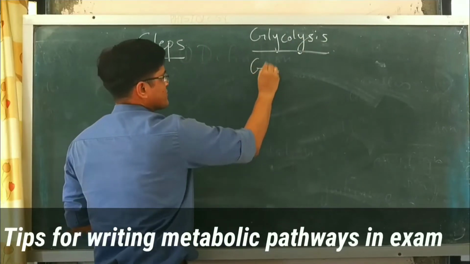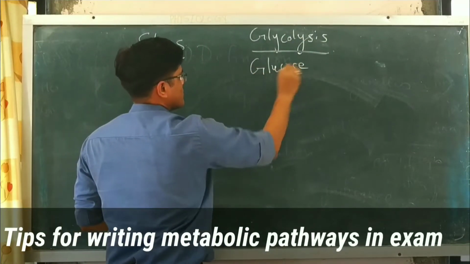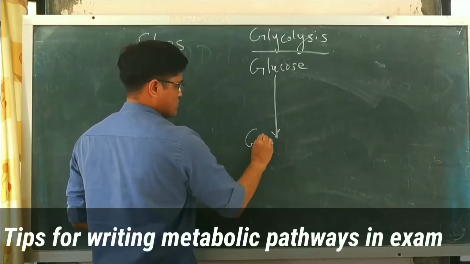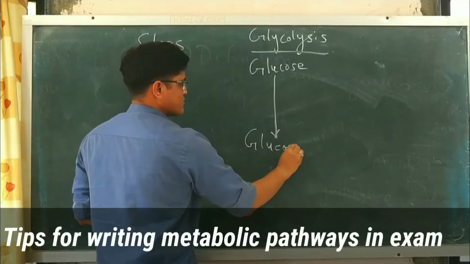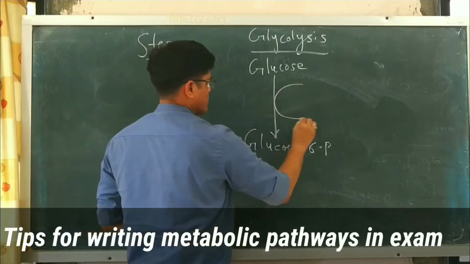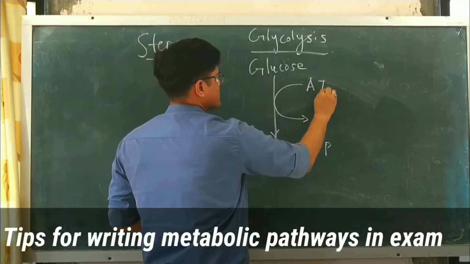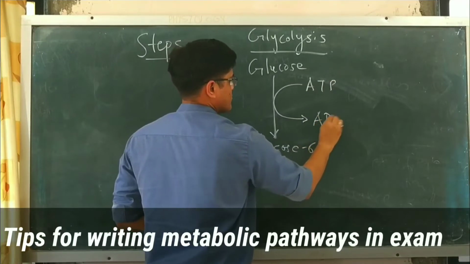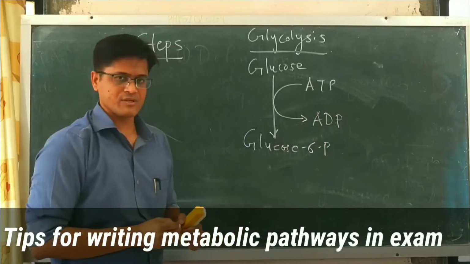Okay, so the first step, glucose is converted to glucose 6-phosphate. Okay, here one ATP is utilized.